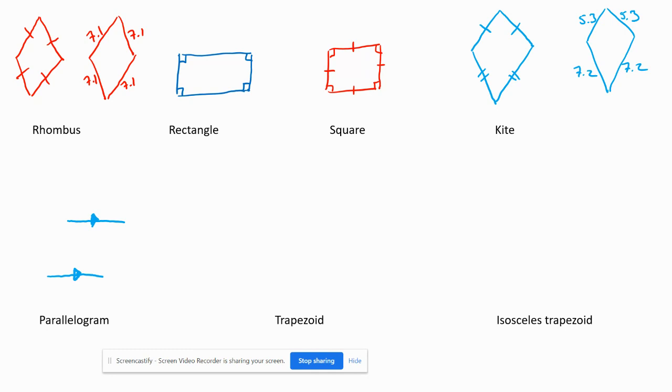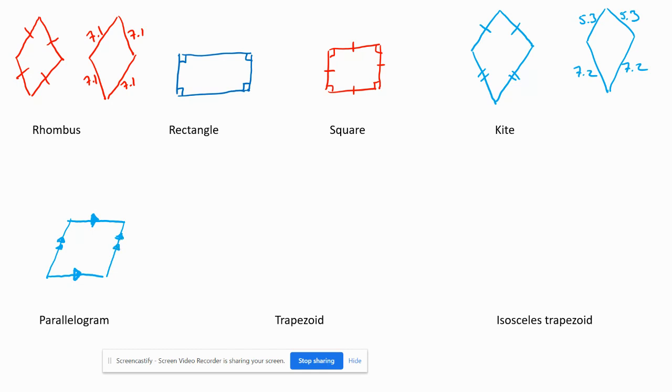I said in a parallelogram, parallel is very important. Now, the sides, the one on the left and the one on the right, are also going to be parallel to each other. I'm going to use arrows once again.